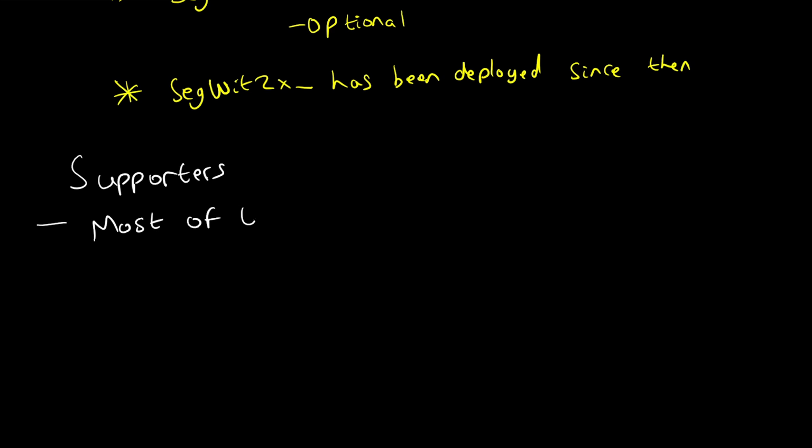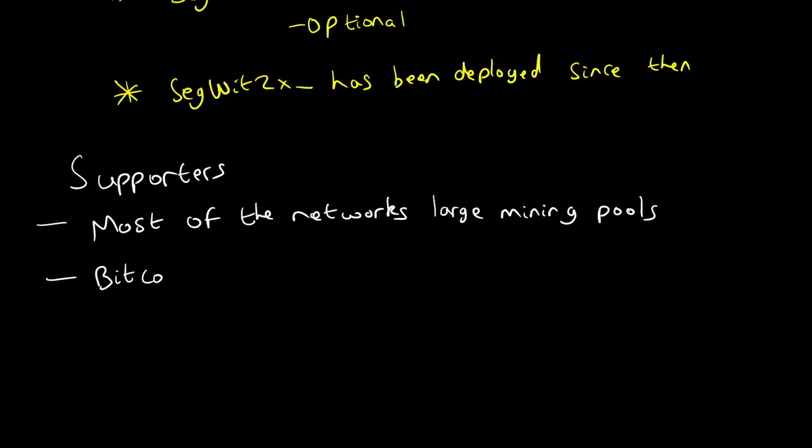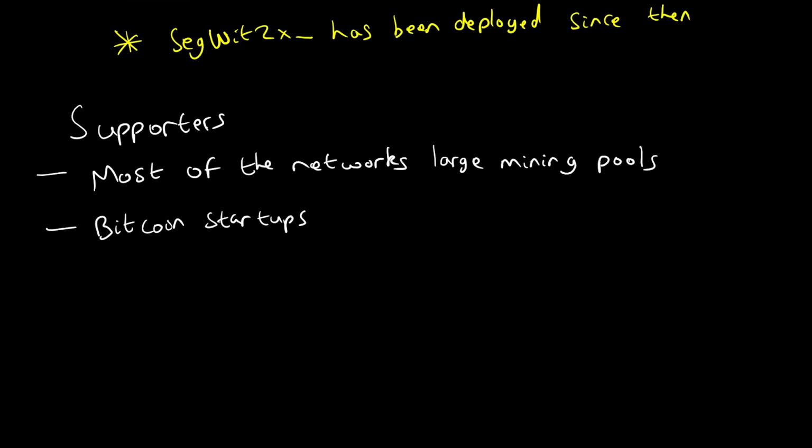Most of the large mining pools are in favor of this. A lot of Bitcoin startups, because ultimately it helps their lives, because they've got plenty to deal with just from a business perspective, forgetting about the actual technology of Bitcoin, so it helps them.